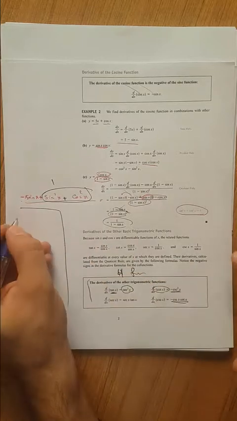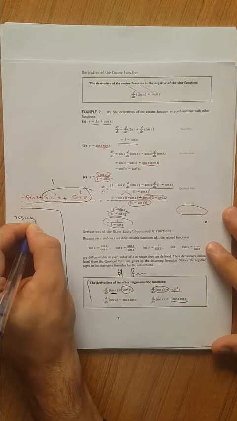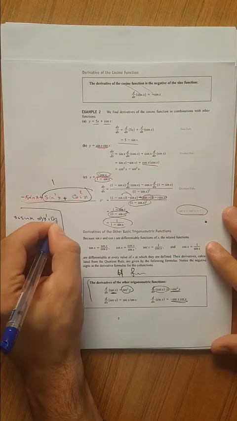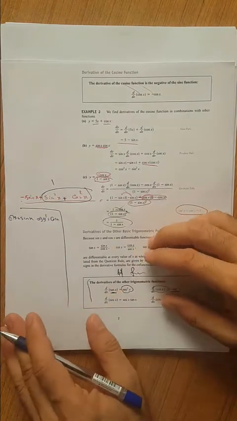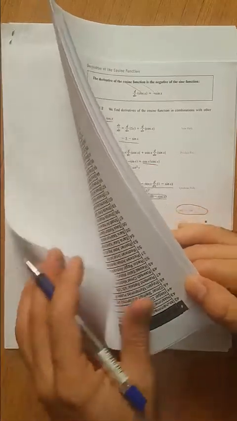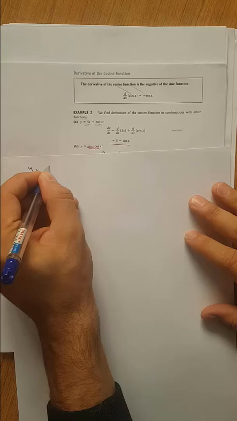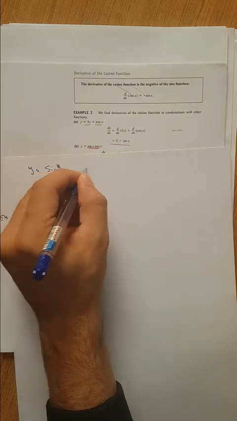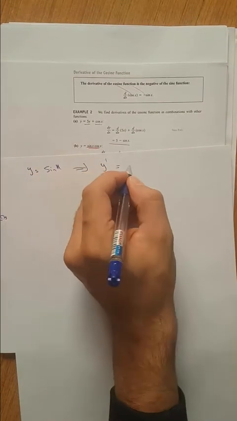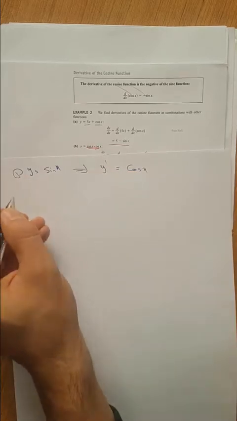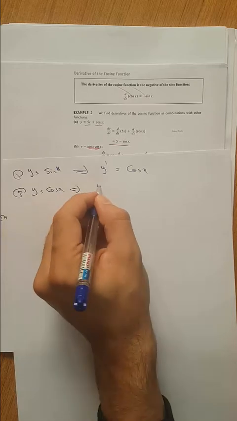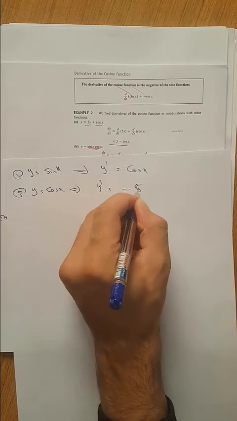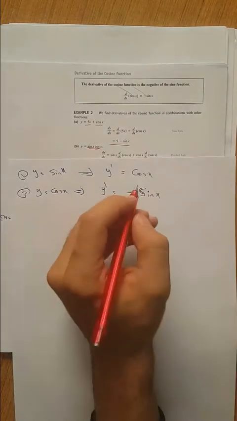For example, rule number 1: if y is equal to sine of x, the derivative will be cosine of x. Second, y is equal to cosine of x, the derivative will be minus sine of x. Be careful.